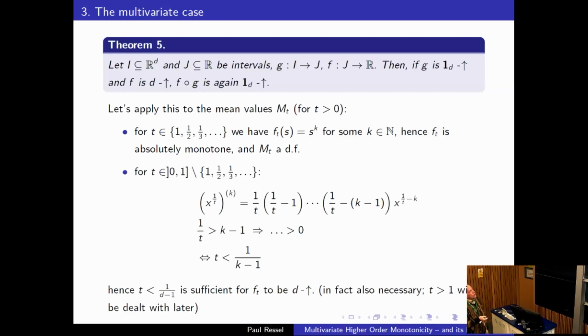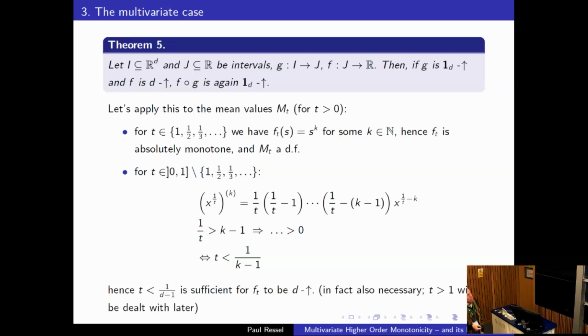What do we do for the other t's? Positive, less or equal 1, but not one of the set we considered before. Here we use derivatives. And we see that the k-th derivative has as the last constant 1 over t minus k minus 1.